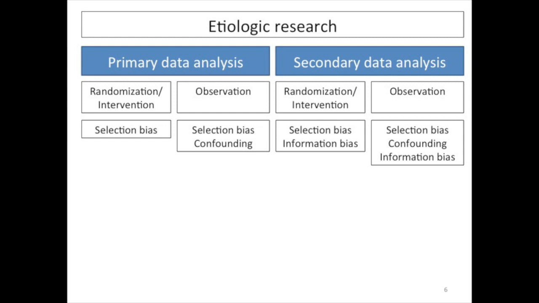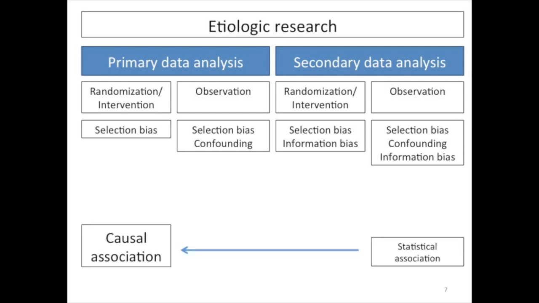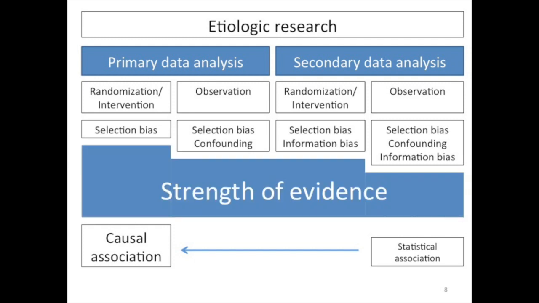It therefore makes it harder for us to say that the exposure or treatment we wish to study actually causes the disease. In secondary analysis, we are to a greater extent studying statistical associations, whereas in primary data analysis, we are studying cause and effect. Since there is little risk of bias in primary data analysis, these analyses can be regarded as giving us stronger evidence that we have found a correct answer.